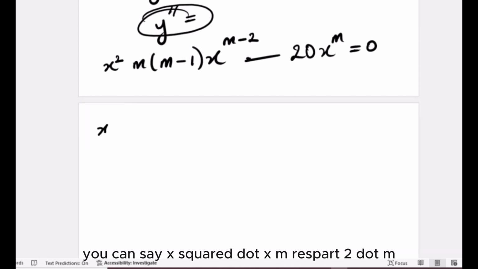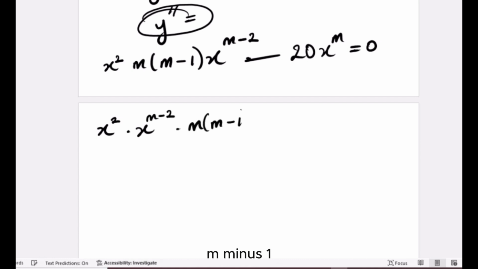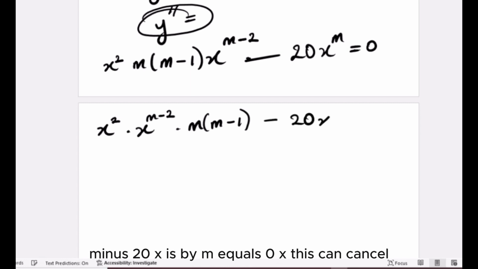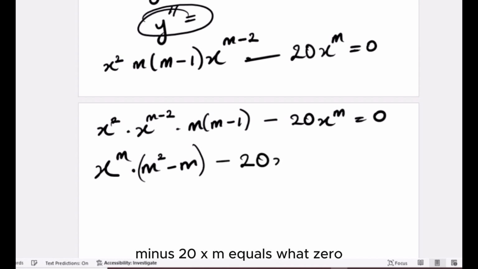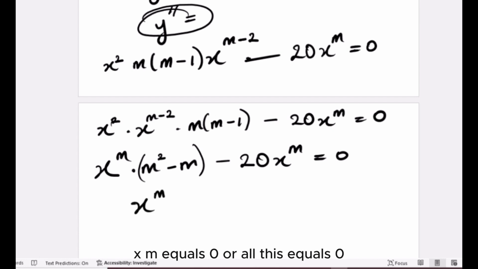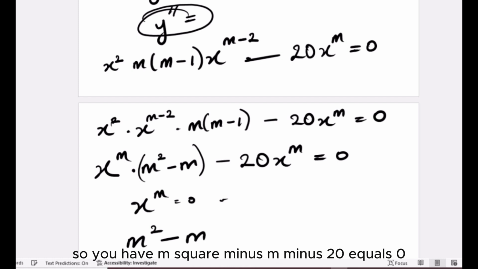From here you can say x squared times x raised to power m minus 2, times m minus 1, minus 20 x raised to power m equals 0. This can cancel, so we have m squared minus m minus 20 times x to the m equals 0, so x to the m equals 0, or all this equals 0. So you have m squared minus m minus 20 equals 0.